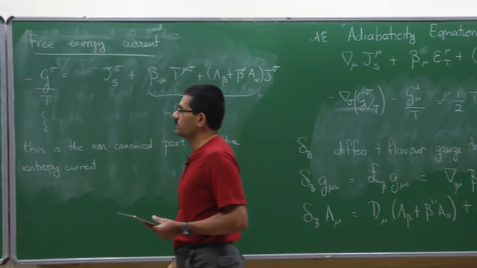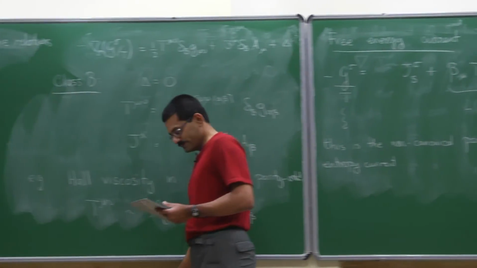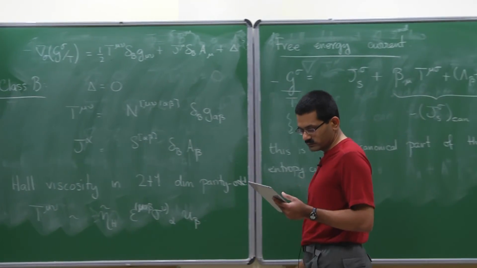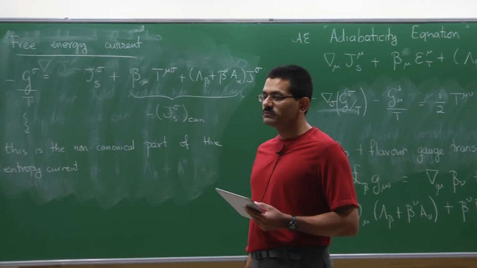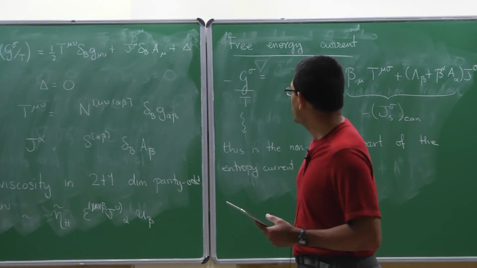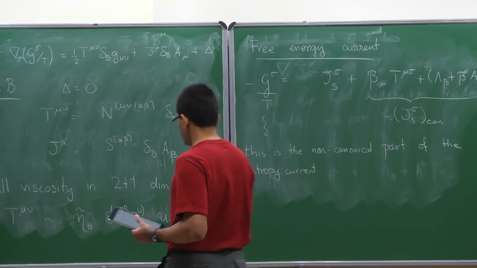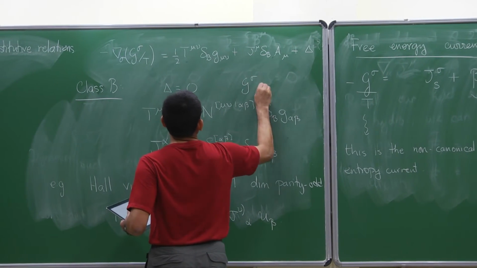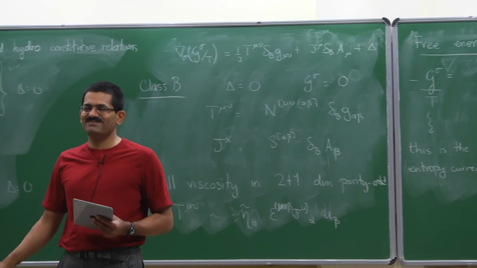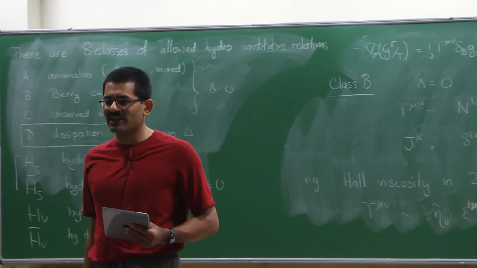Good? Good. For arbitrary n and x, how do you know that delta is 0? Because, oh sorry, there is no free energy current.